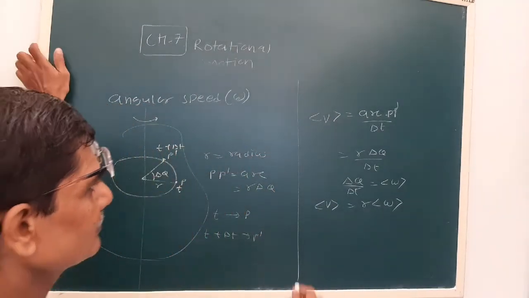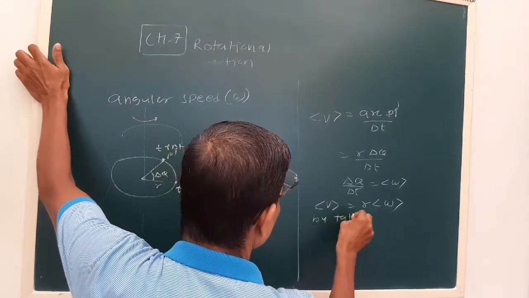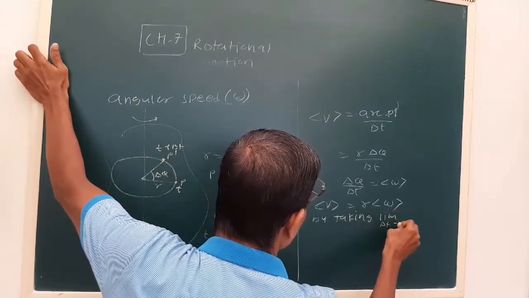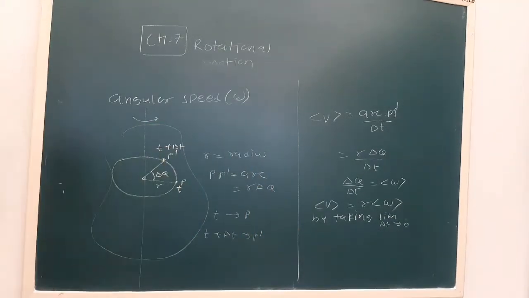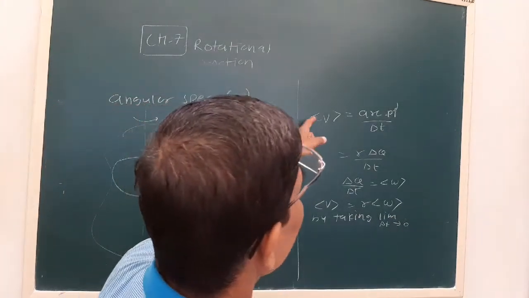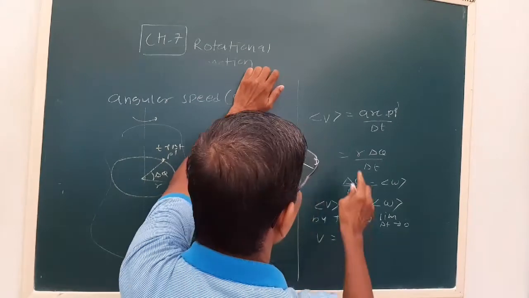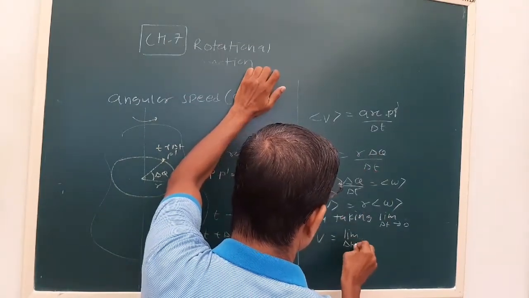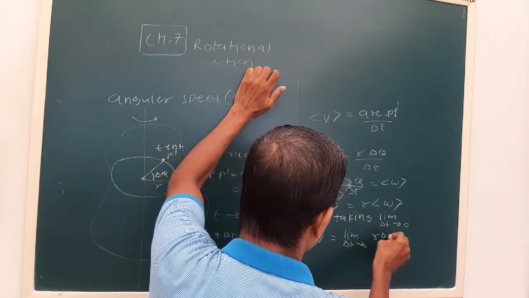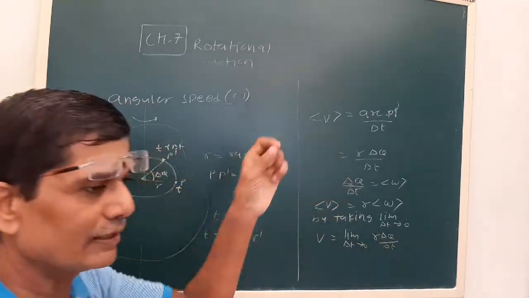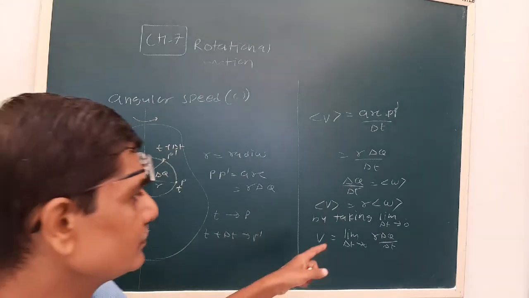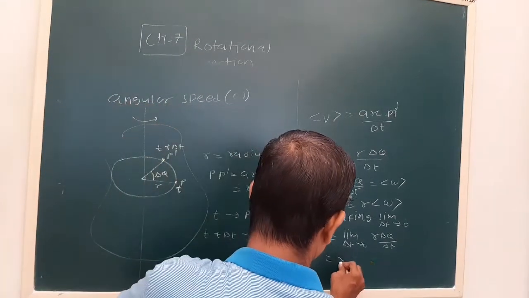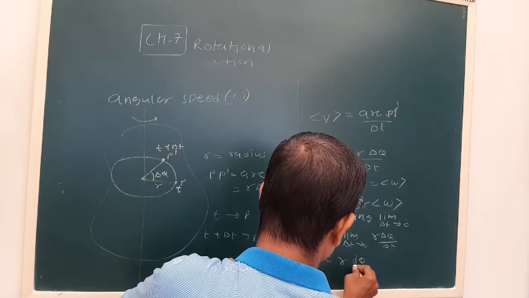Now by taking the limit delta t tends to 0, we will get the instantaneous speed, that is v is equal to limit delta t tends to 0 of r delta theta upon delta t. Whenever we have a limit, it turns out to be the derivative that we have seen earlier. So r into d theta by dt.